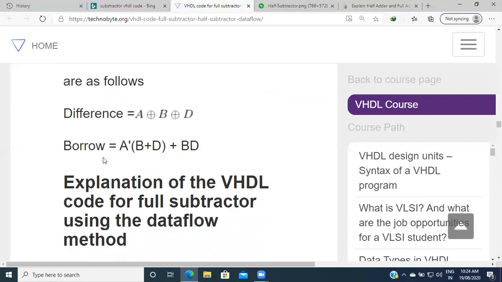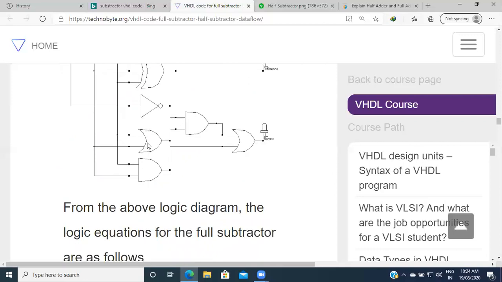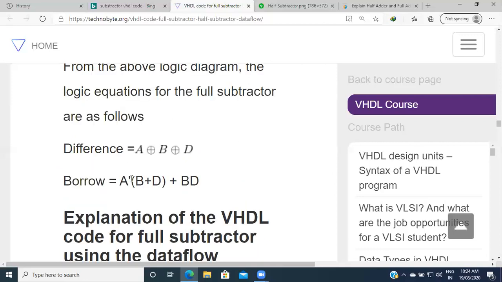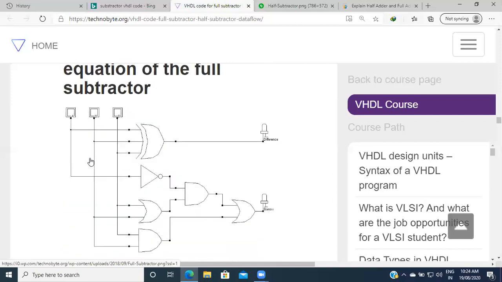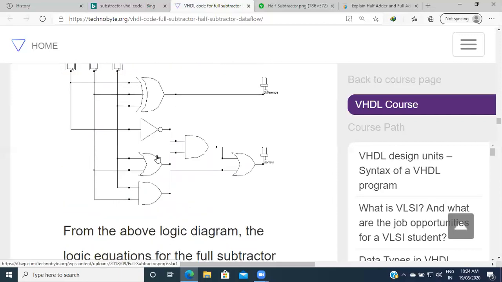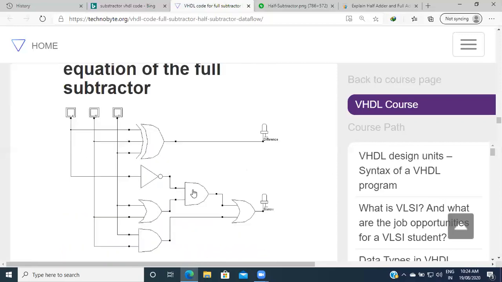Then to find out the borrow, firstly A naught is there, that is A dash. The dash is nothing but the A naught or NOT A operation. Then into bracket B plus D, that part is nothing but B plus D. That is multiplied, because at the AND gate that part is multiplied with that OR operation.